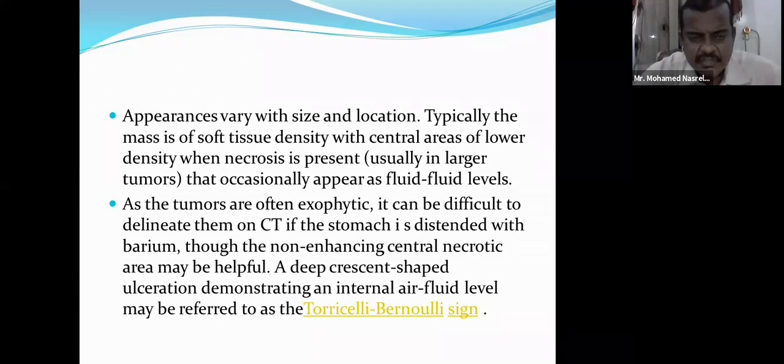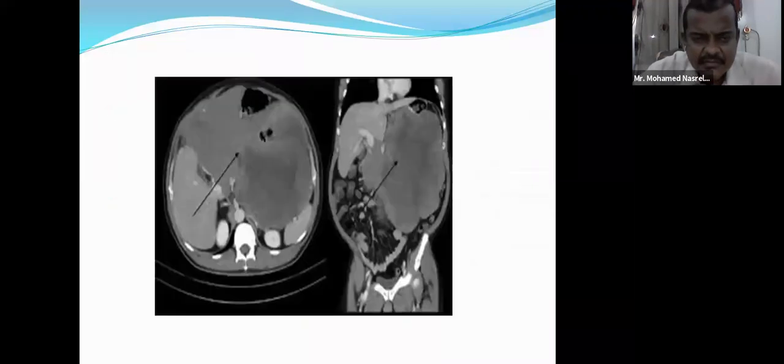As the tumors are often exophytic, it can be difficult to delineate them on CT if the stomach is distended with barium, though the non-enhancing central necrotic area may be helpful and can tell you that this is a tumor. A deep crescent-shaped ulceration demonstrating an internal air-fluid level may be referred to as the Torricelli-Bernoulli sign.